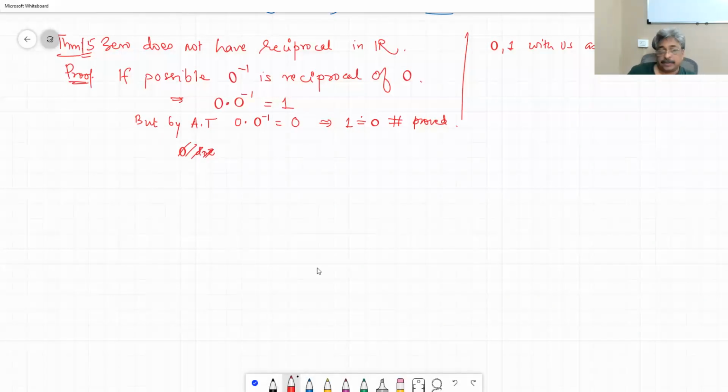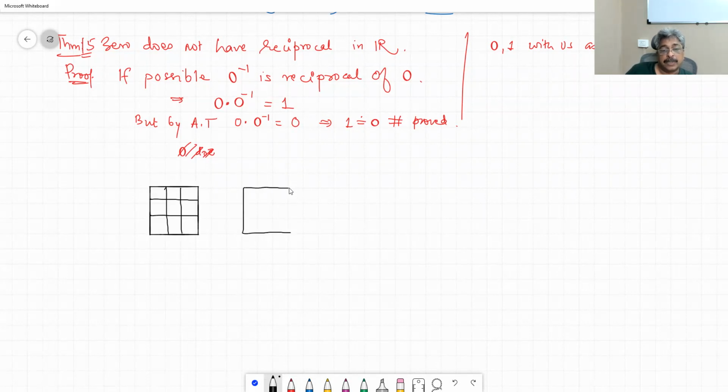If we define our addition and multiplication like this in the real number system that we have developed so far, this is the definition of addition, this is the definition of multiplication, with 0 and 1.